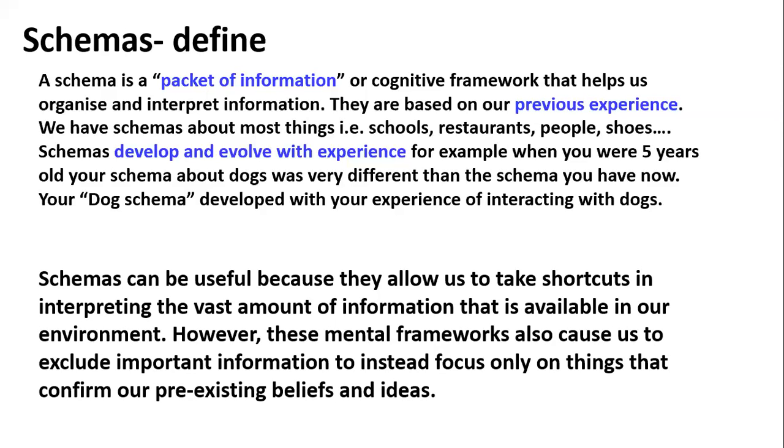These mental frameworks also cause us to exclude important information, to focus on only things that confirm our pre-existing beliefs and ideas. And this can cause for misinterpretation. This can cause us to have maladaptive behavior. So here we can see our schemas play a very important role because they build up this knowledge of information so that we can process what's happening around us.